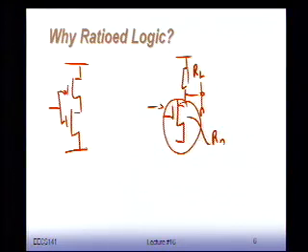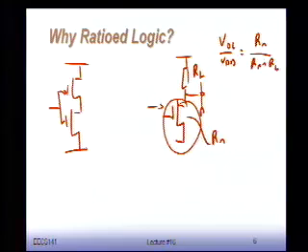From a VOL perspective, I would like to make Rn as small as possible, because remember, VOL over VDD is going to be equal to Rn over Rn plus RL. So if I make Rn small with respect to RL, VOL is going to be small. So that's a requirement.